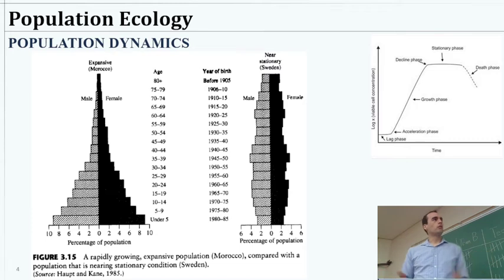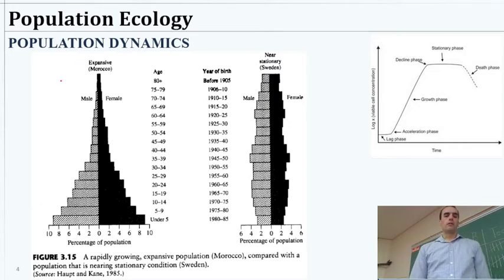Okay, but for now, just a few comments on population dynamics in general. If you're ever to look into human population dynamics, there's a lot of interesting ways to look at it. You can look at a population that is growing, and this is data from a different textbook that's a little dated.